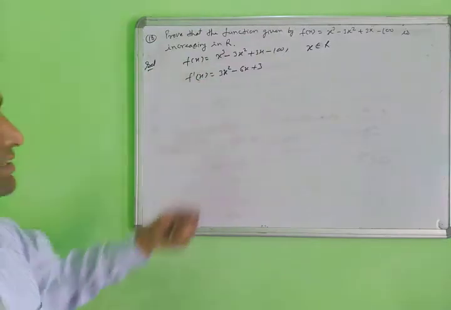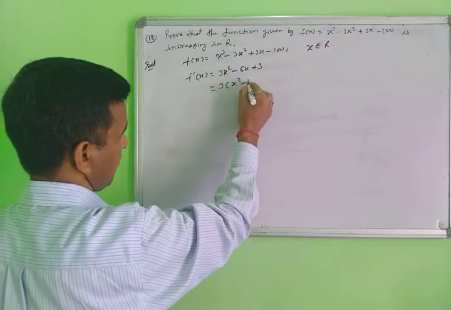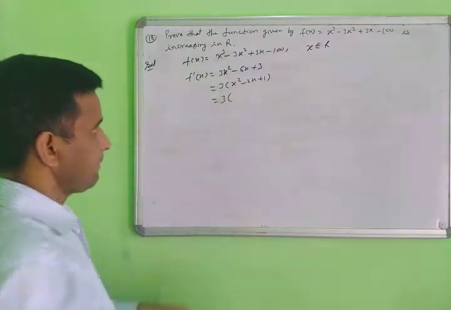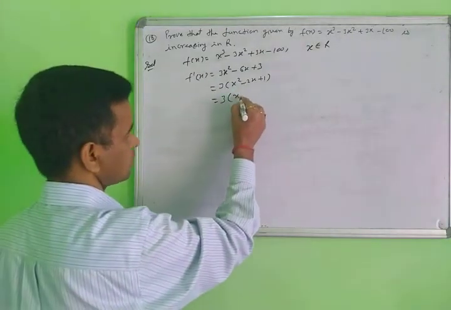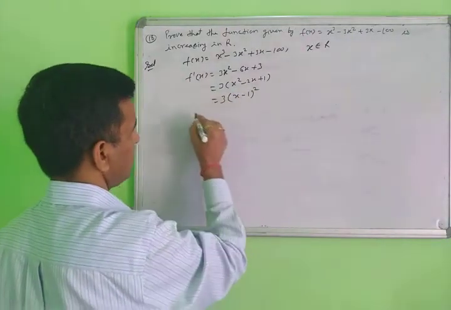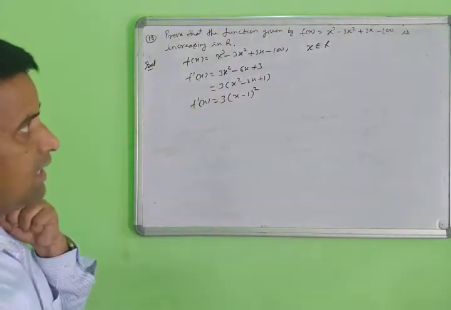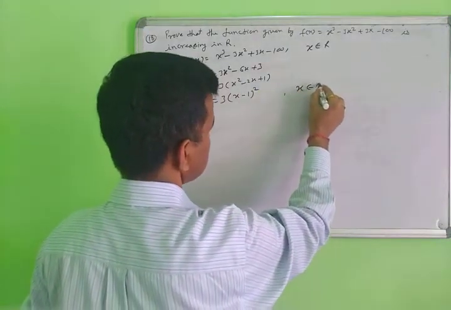Now take 3 common: 3 times x square minus 2x plus 1. Make the perfect square of this: x minus 1 whole square. This is the value of f dash x, where x belongs to R.